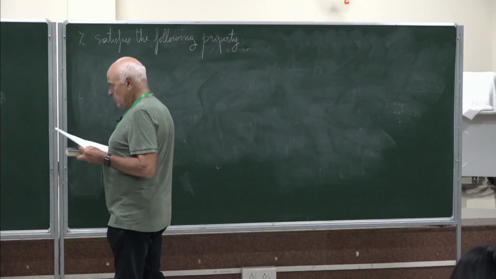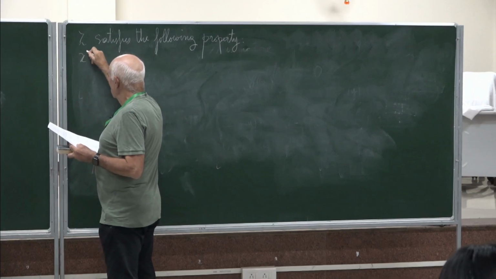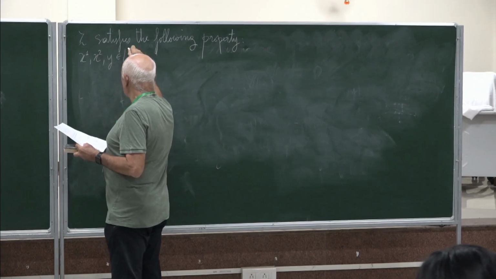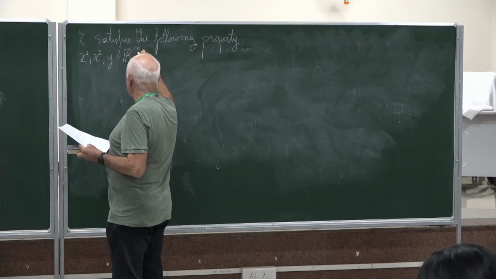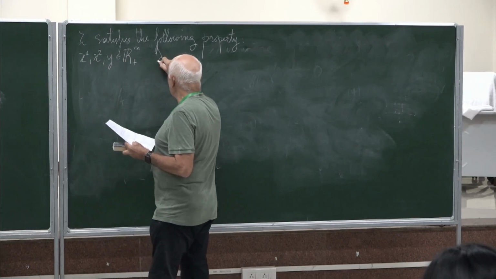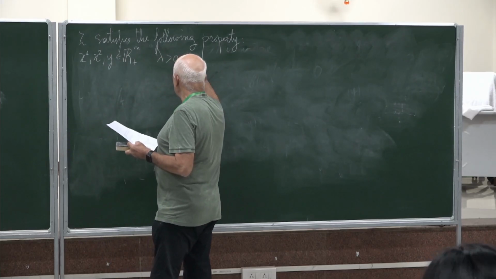Whenever you have three commodity bundles, X1, X2, Y, in R plus N, and two positive numbers, lambda and mu.